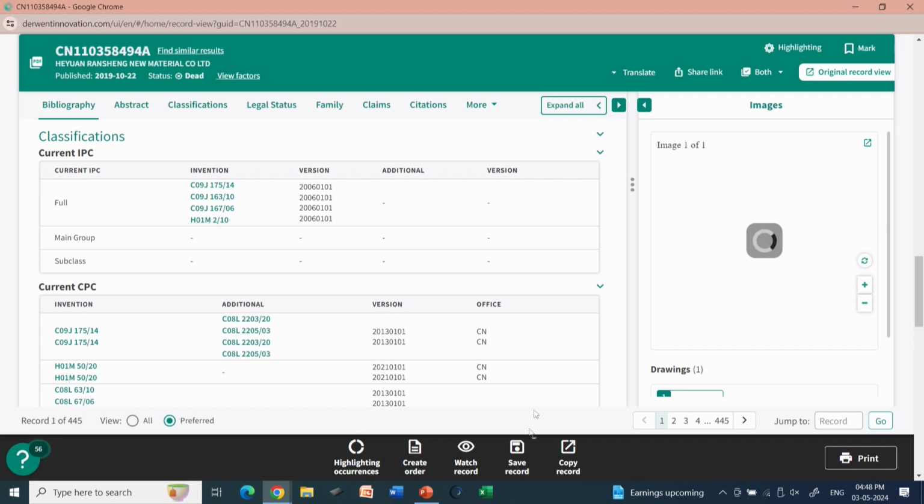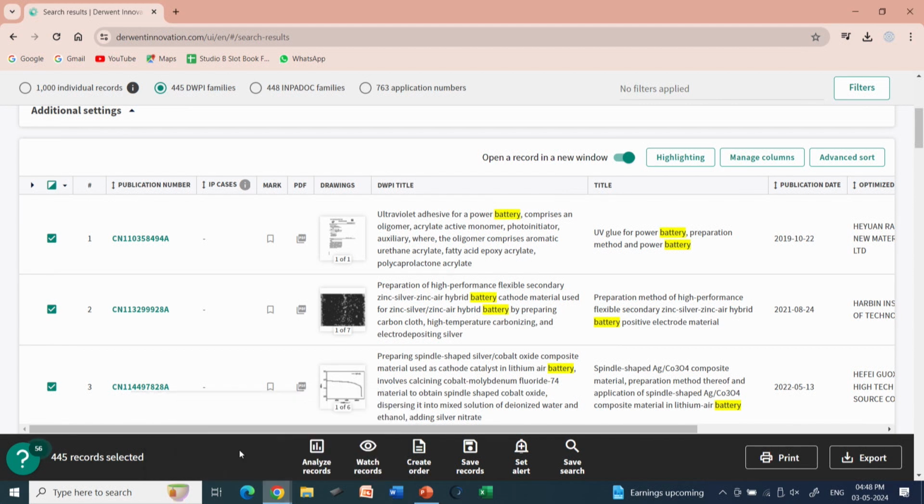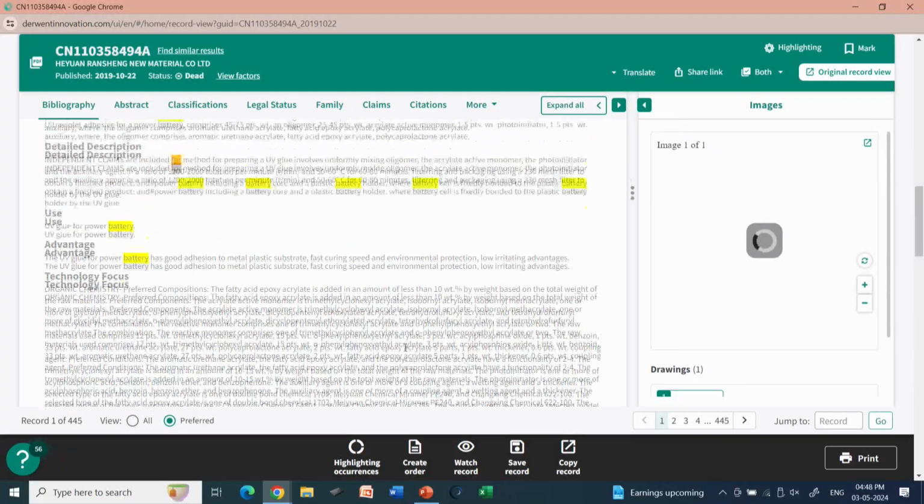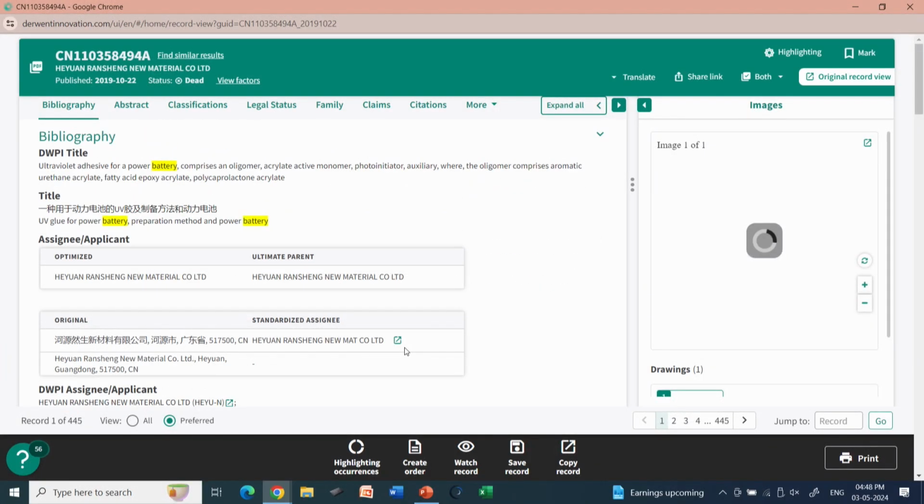If I scroll it up and see what is the title of this particular patent, you can see the title of the patent. Yeah. So, if you see the title of this patent, this is the title which is there. Now, doing this analysis with the title only will be a very difficult thing.